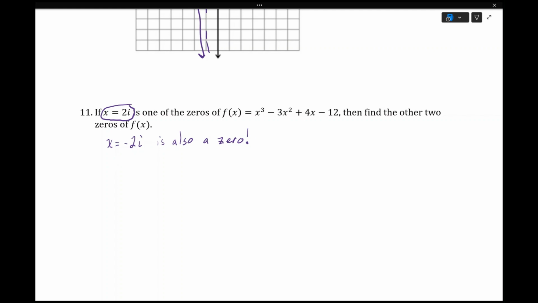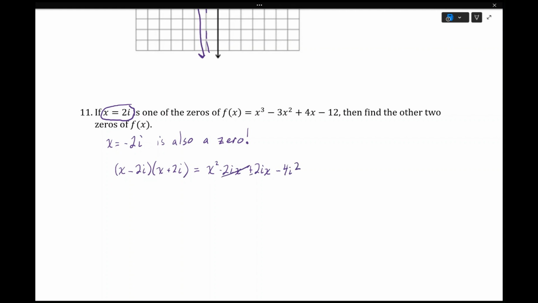So that means what I get when I multiply x minus 2i and x plus 2i together must be a quadratic that factors out of that cubic. If I multiply that out, I get x squared minus 2ix plus 2ix minus 4i squared.